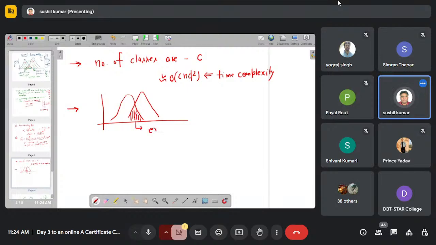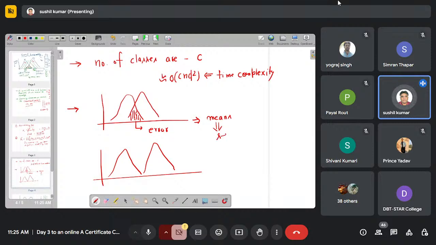If you want to reduce this error, you need to use means for these classes, and the means should be separate from each other. How will the means be separate? So this graph should be like this. Like this, so the mean should be separate.